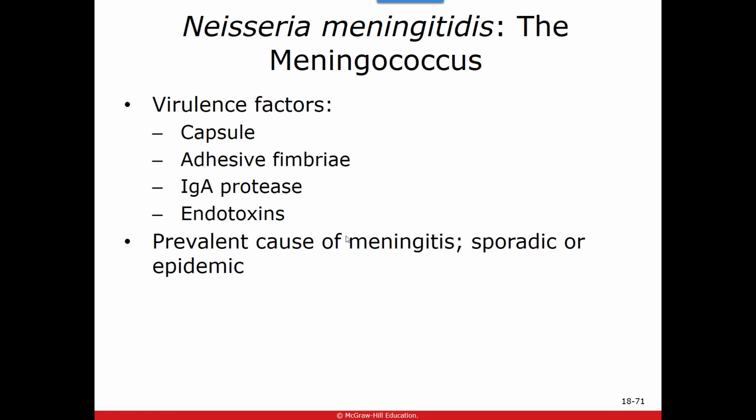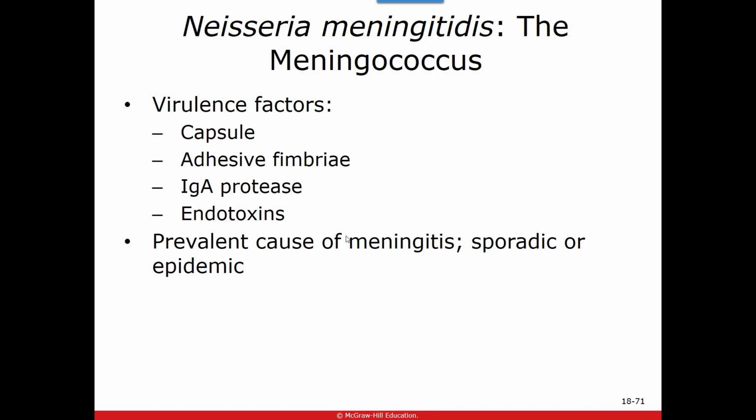Now, it also has a capsule. It has fimbriae to allow it to attach. It has the enzyme IgA protease to break apart or inactivate our antibody, immunoglobulin A, and it has toxins. Now, based on its name, Neisseria meningitidis, it can cause meningitis. However, it can get into other parts of the body and cause other things other than meningitis.